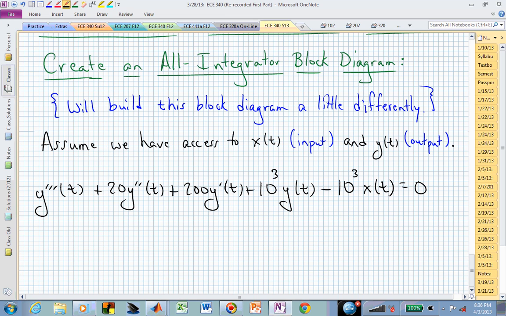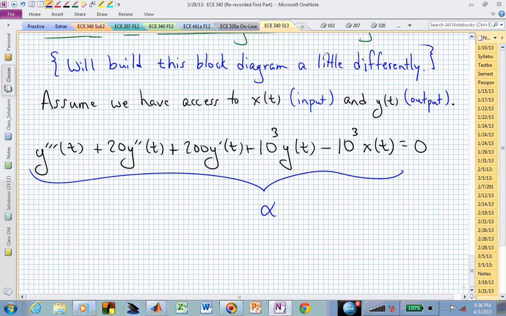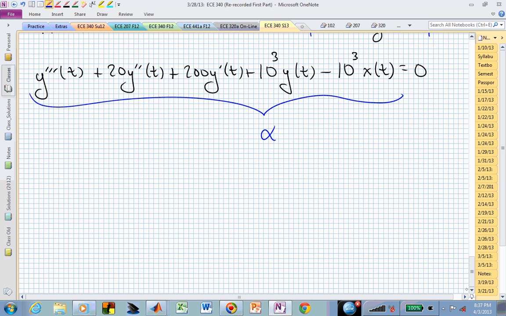To build up the block diagram, I'm going to have a lot of different variables floating around, so let me create one that I'm going to call alpha. Alpha is now equal to all of these combinations of derivatives of y and the input x. Now that I have alpha as that expression, let me start to build this block diagram.